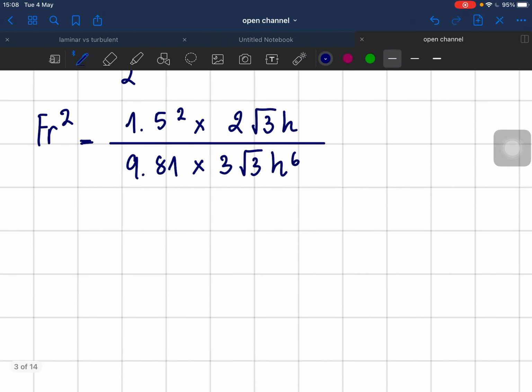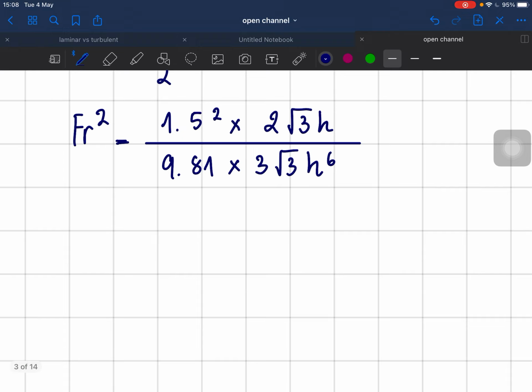Then we can find the h here by substituting Fr square equal to 1, (4.5h). We don't have to use a solver for this one because it's quite simple, but a solver can also do that for you.